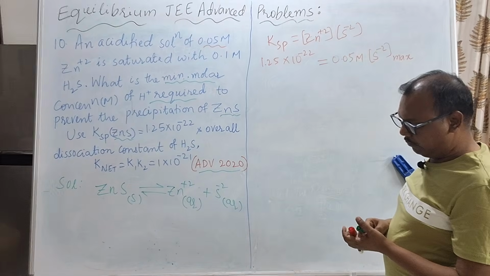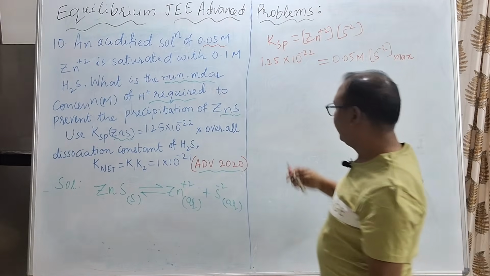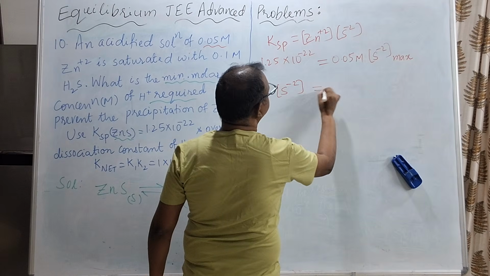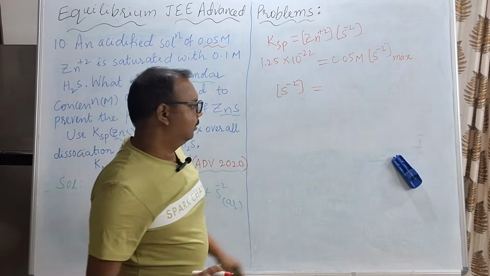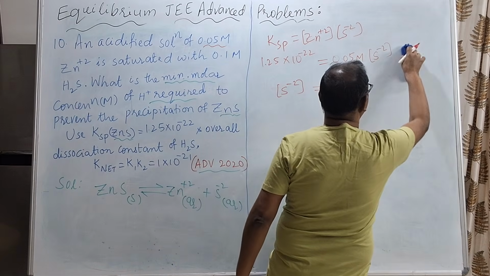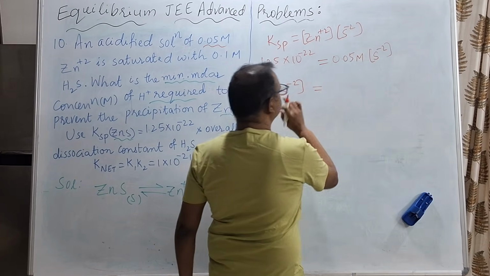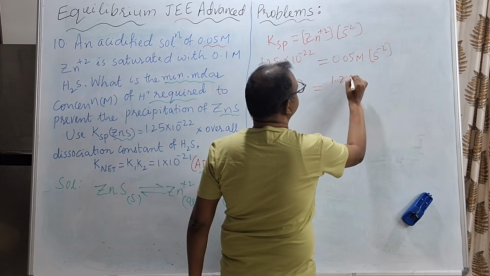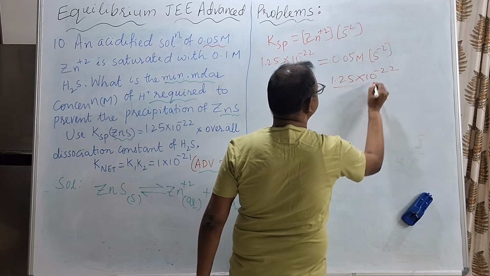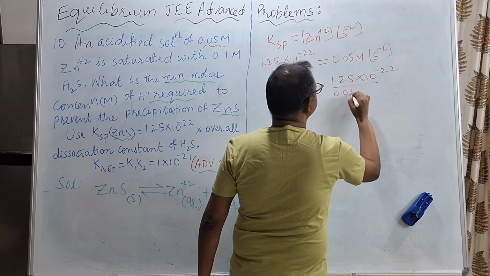Then it can be written as concentration of S2- is equal to 1.25 into 10 power minus 22 divided by 0.05.